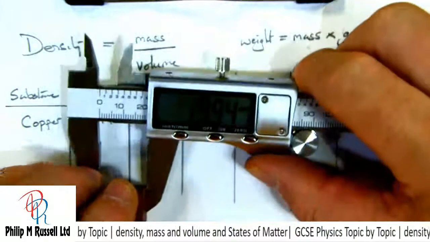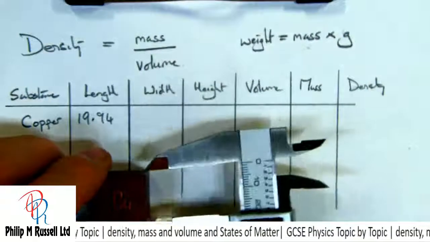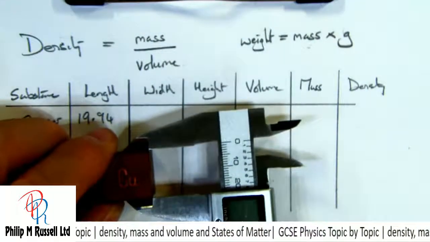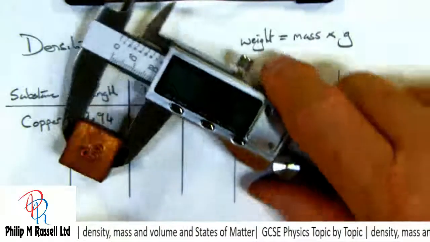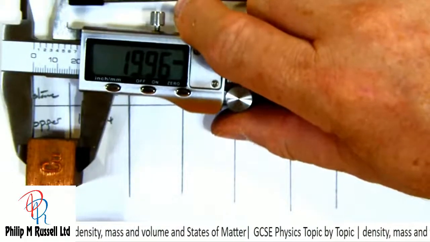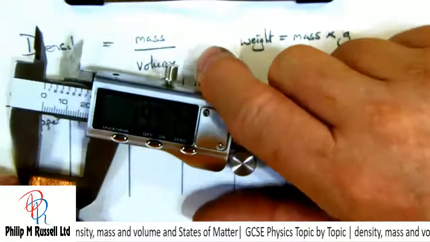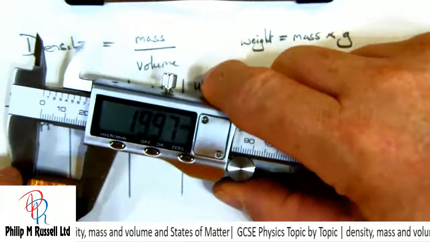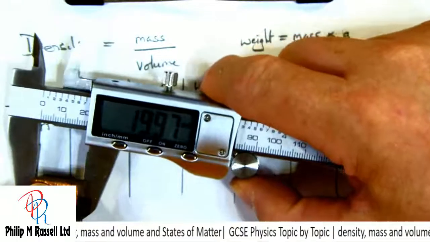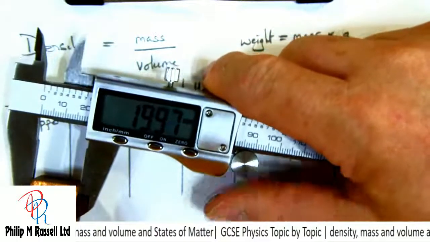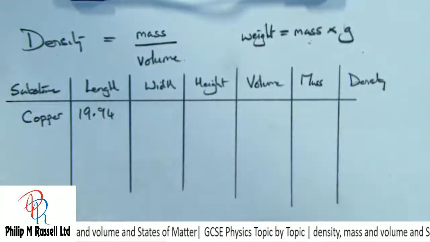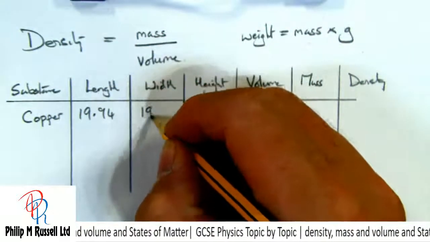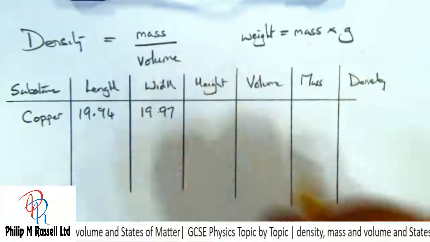We'll do the other measurement, the width. This is 19.96, 95, 96, let's see. 19.97.